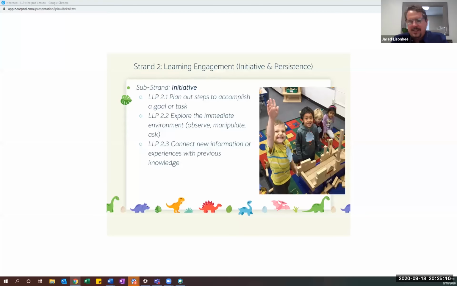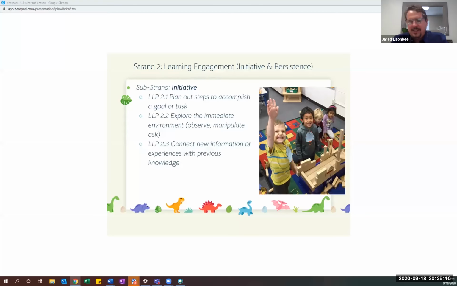The goal here is to help children to become interested in materials and engaged in materials, to help them to experience some learning success. The experiences that they have here, as you're encouraging them to plan out steps to accomplish goals, as you're providing materials and encouraging and asking those follow-up questions, what else can you do with this, to explore the immediate environment, and then going back to connecting new information to previous knowledge.